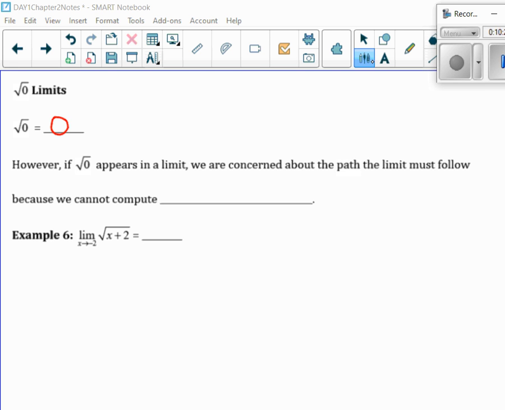There's more you have to investigate because the path does not actually equal that. The reason we can't say the limit as x goes to 0 of the square root of x is 0 is because we have to look at the path. So if you think about this for a second, y equals the square root of x, what does that graph look like?